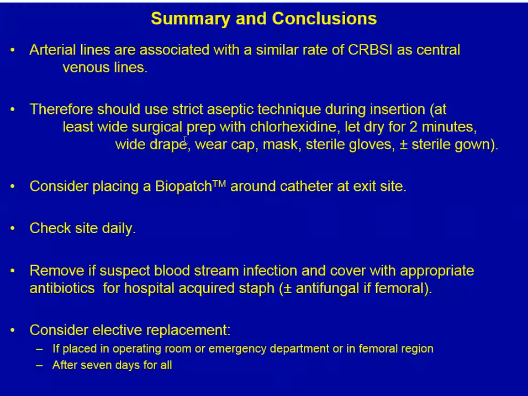A wide prep, a wide drape, wearing cap, mask, and sterile gloves, and I believe a sterile gown, and placing a Biopatch around it, checking it daily, and removing it when you suspect the patient has a bloodstream infection, and covering with appropriate antibiotics, especially noting the difference if it's a femoral line.